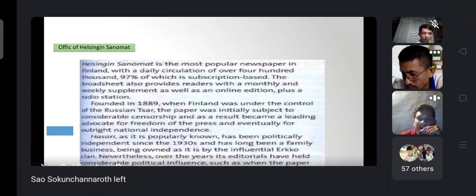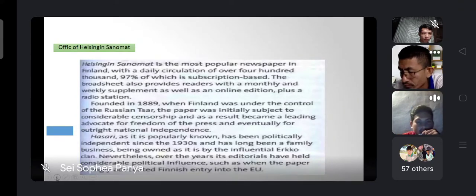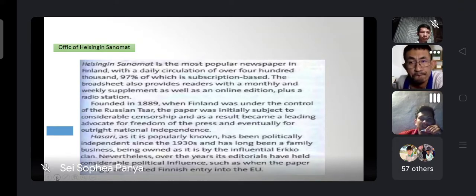Okay, I will answer. This newspaper, we talk about the main part that relates to the most popular newspaper in Finland, that they call Helsingin Sanomat, and one more relation of this newspaper, they talk about the policy of Finland, that Finland was under the control of the Russian Tsar.